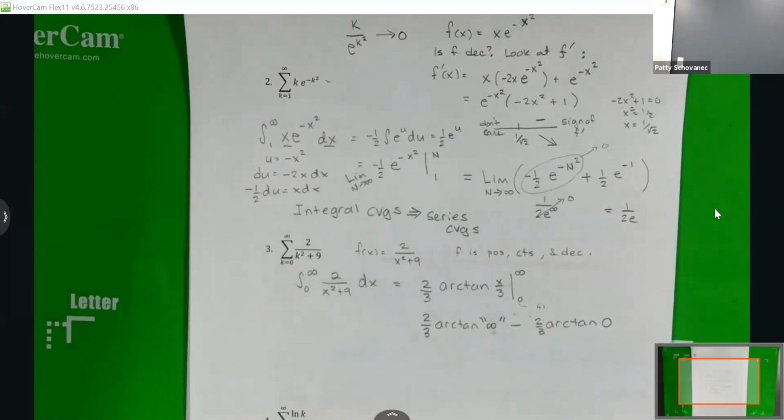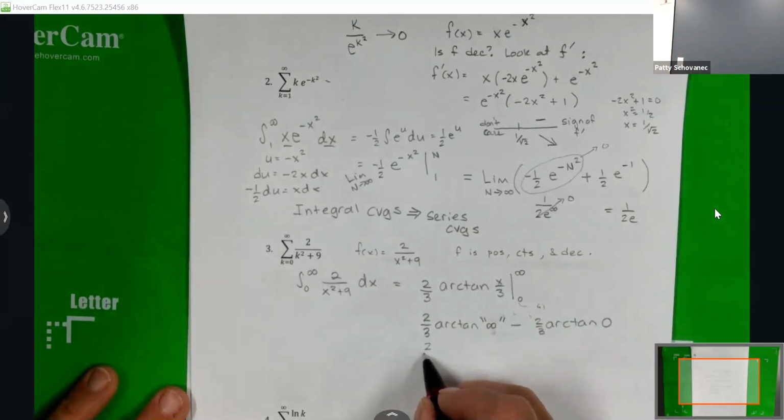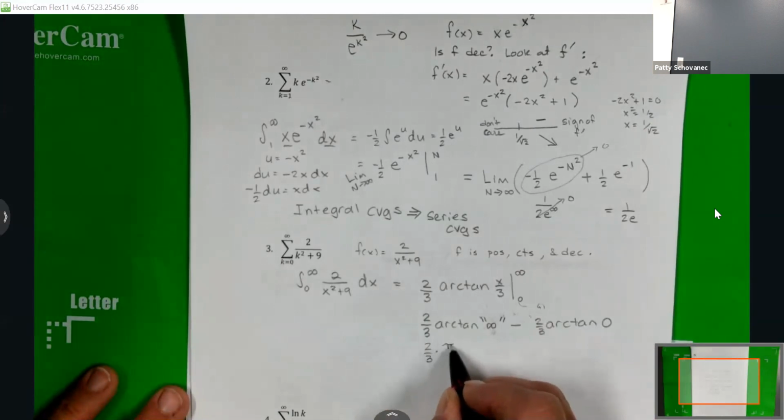It's the behavior of the arctangent toward infinity. It goes to pi over 2. It has that asymptote up there at pi over 2. So this becomes 2/3 times pi over 2.